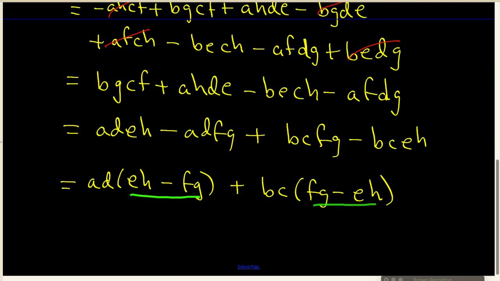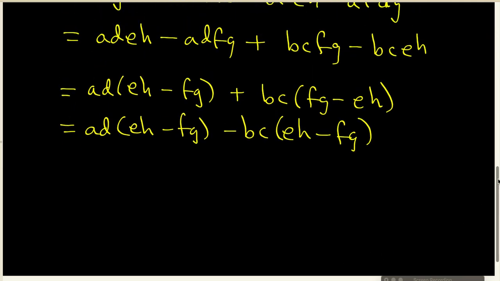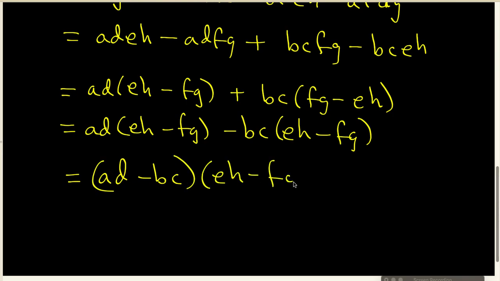So I'm going to factor out a minus 1. So I'm going to write this as AD times (EH minus FG) minus BC times (EH minus FG). And now I can factor out the (EH minus FG), and when I do, I'm left with (AD minus BC) times (EH minus FG).